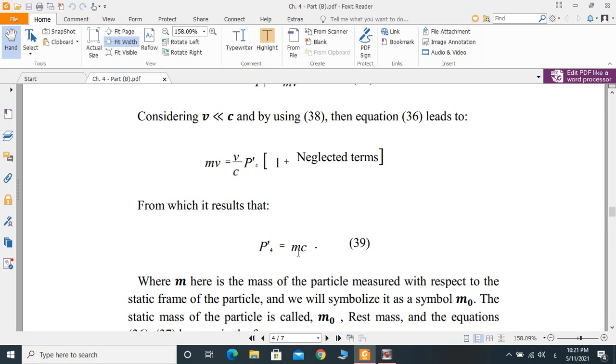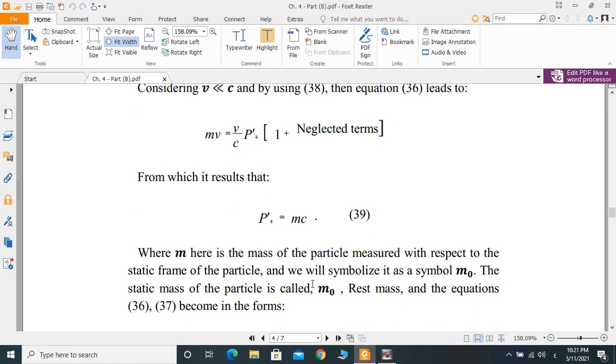M here is m naught, where m naught is the rest mass of the particle.